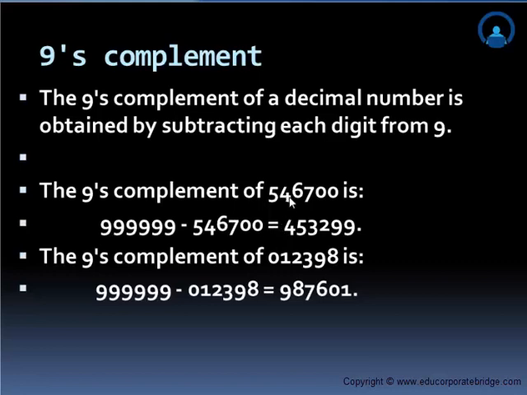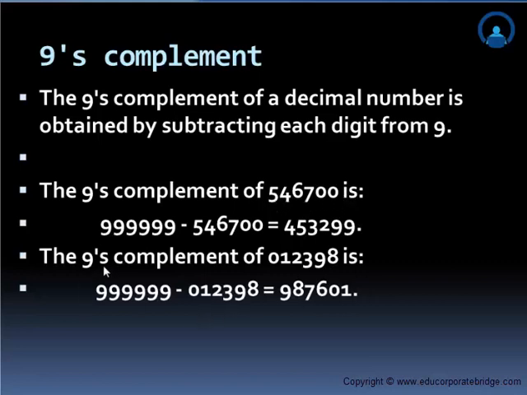In this case, 546700 has 6 digits: 1, 2, 3, 4, 5, 6. So to find the 9's complement of this number, we use six 9's. After subtracting 546700 from 999999, the resultant obtained is 453299. It is the 9's complement of the number 546700.